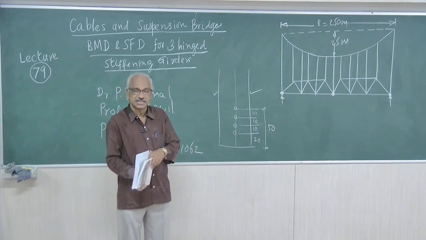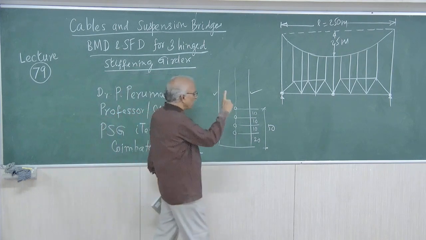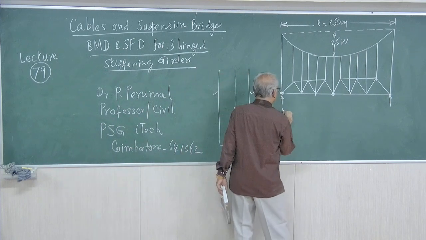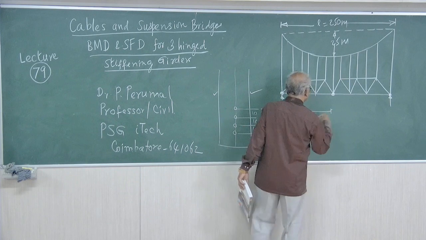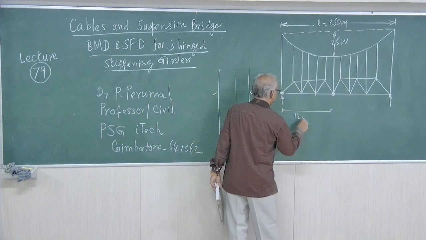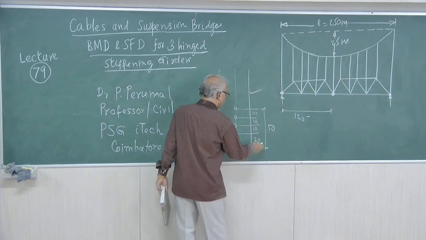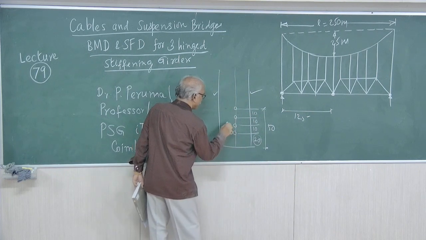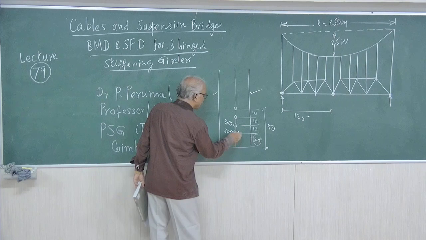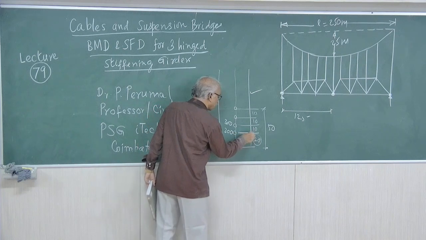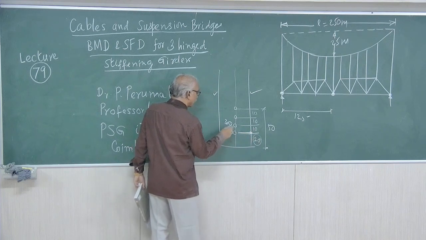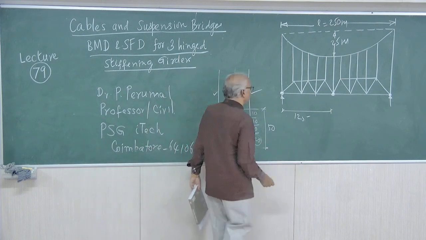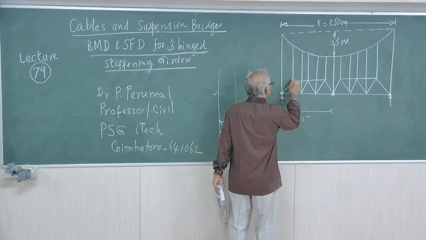That means, if you say one girder, actually this is 125, half the distance is 125. First load is at 20 meters. So this is 300. This will be shared by 2 cables, 150 here, 150 here. Therefore, at a distance of 20 meters, there is one load.